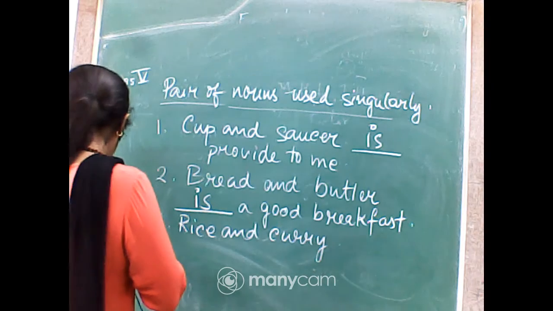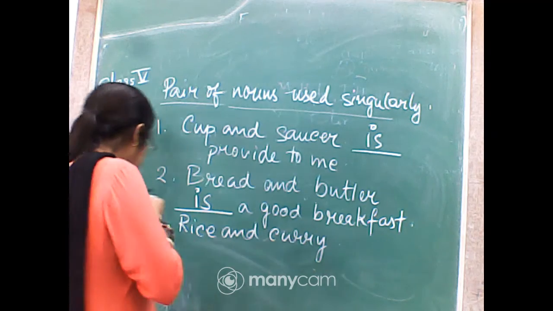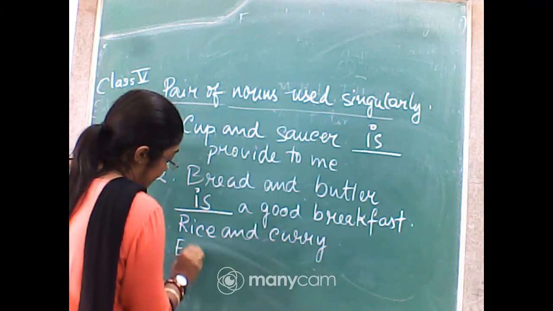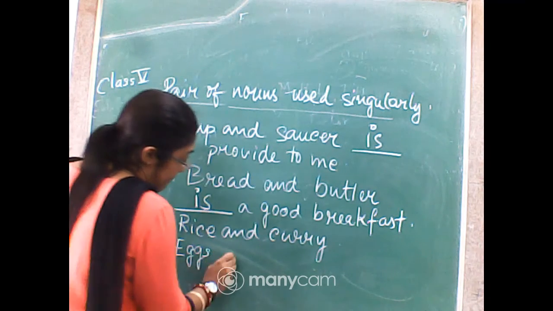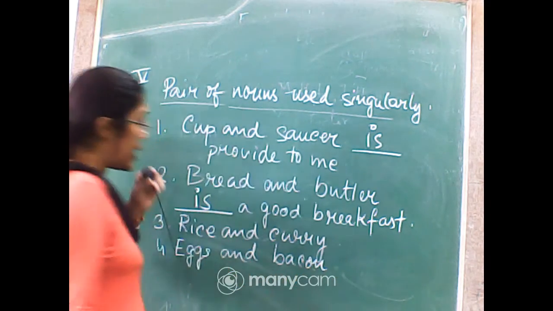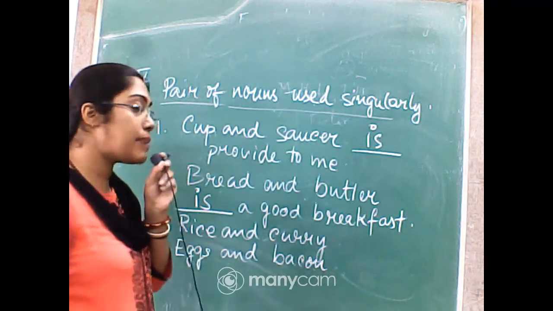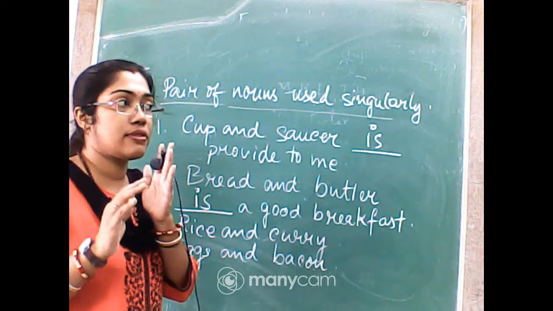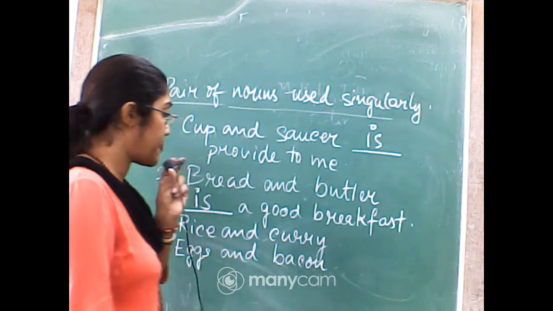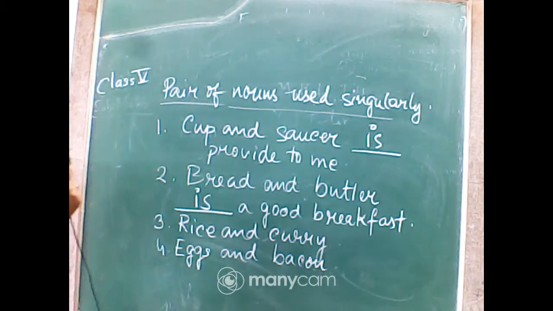Next will be eggs and bacon. Eggs and bacon, that is also the name of a food. Bacon is a kind of plum type of cake. Eggs and bacon. Write it down, I will give you some more.